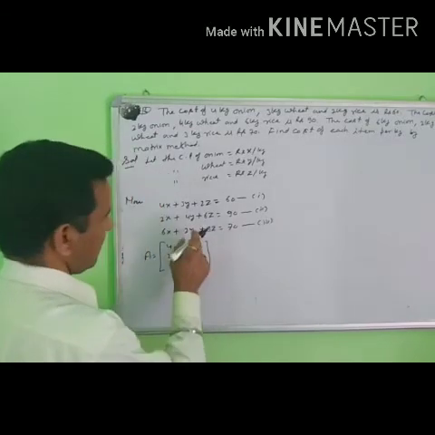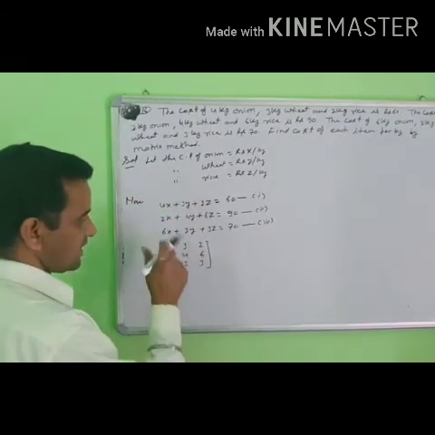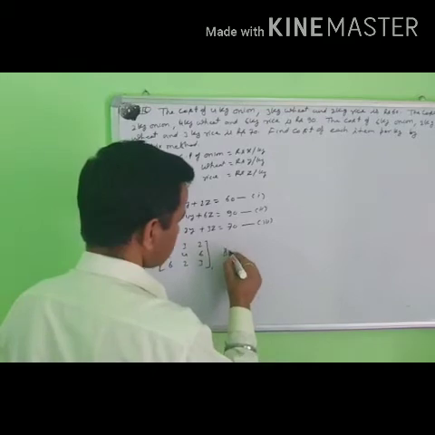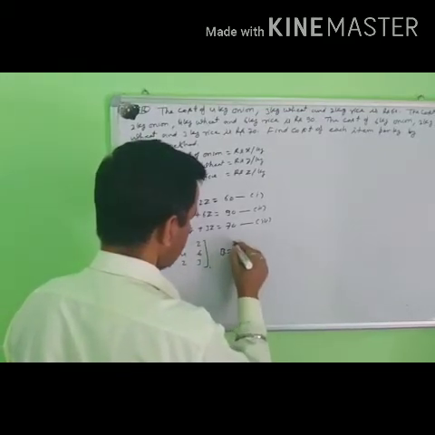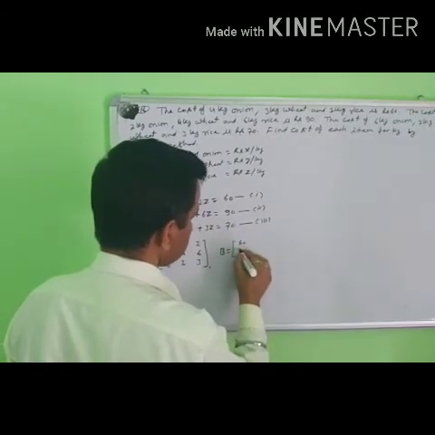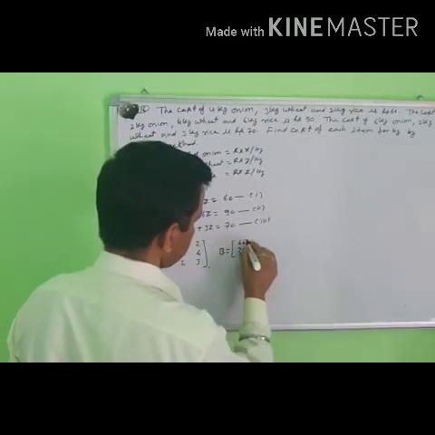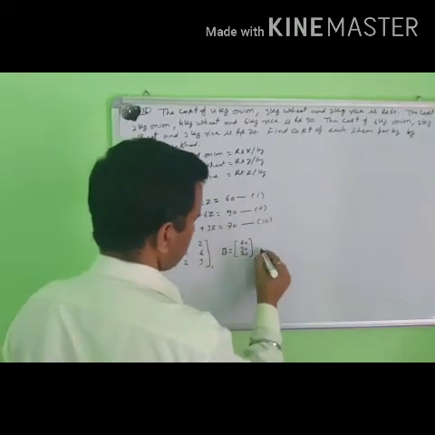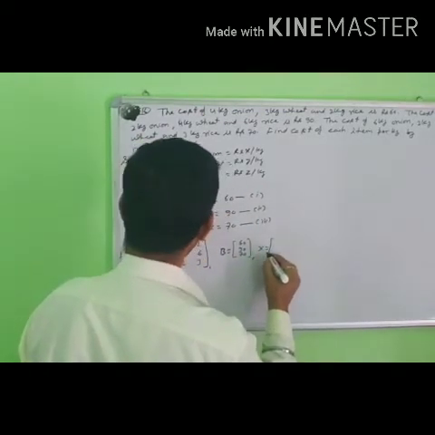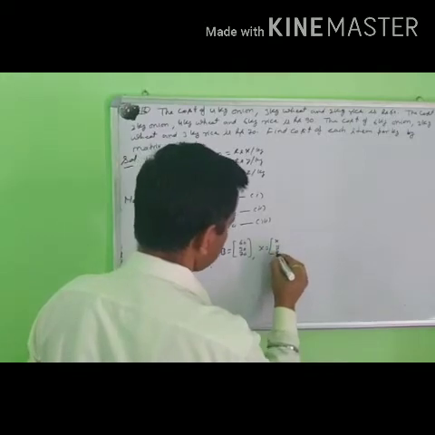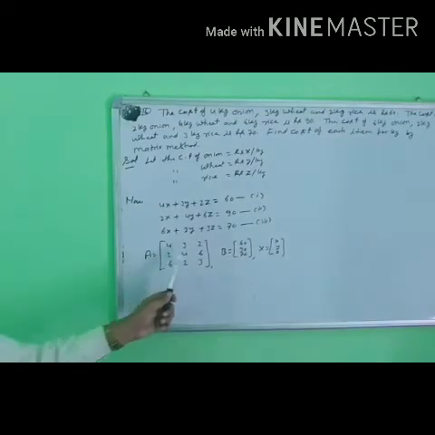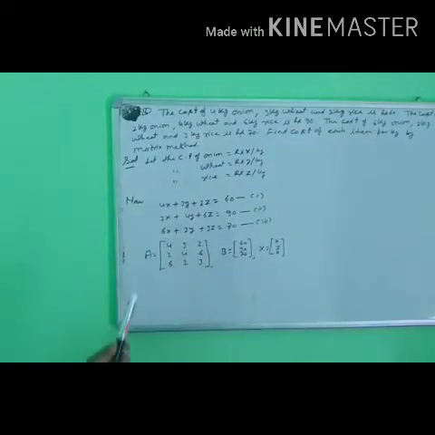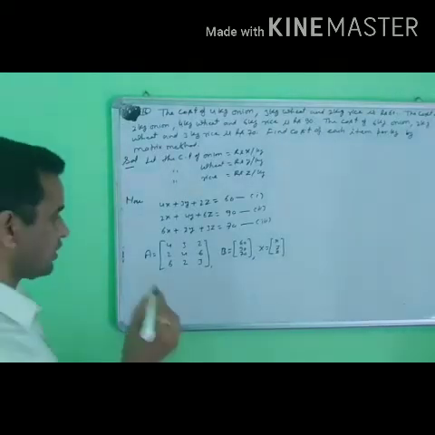The coefficients of x, y, z are converted into matrix A. Second, the B matrix: total 60, 90 and 70, the total costs. Third, X, the variables x, y, z. After converting to matrix form, check whether the matrix is singular or non-singular.